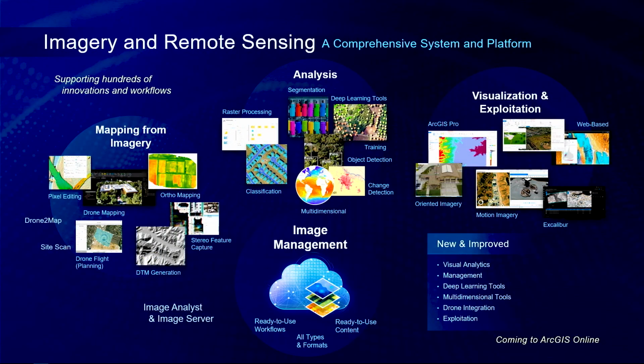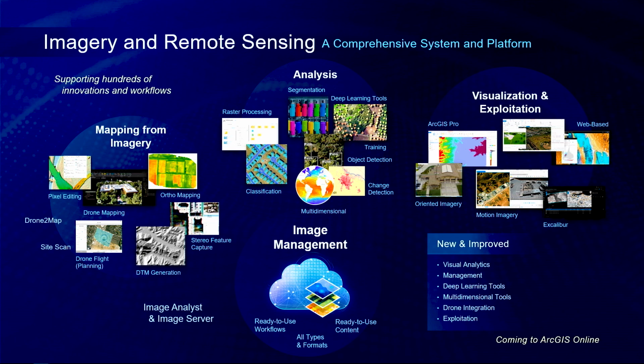ArcGIS is a comprehensive system for imagery and remote sensing, providing a full set of tools and capabilities for imagery management, visualization and exploration, and analysis, as well as for map and data production from imagery. ArcGIS supports managing all types and formats of imagery, including drone, aerial, and satellite imagery, with the ability to manage very large collections of imagery.